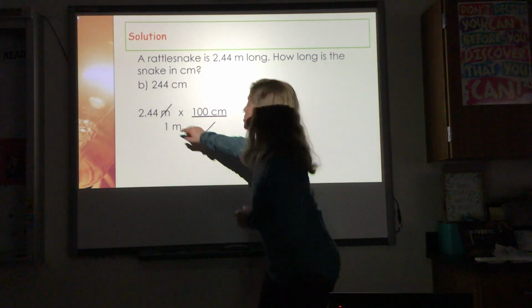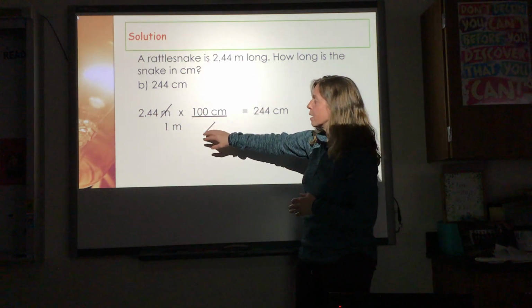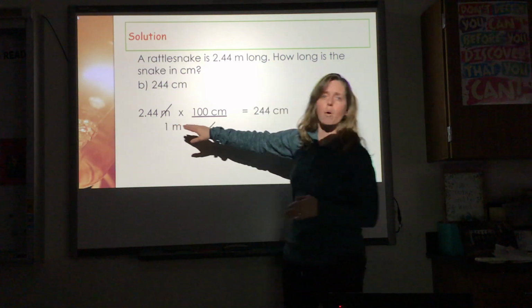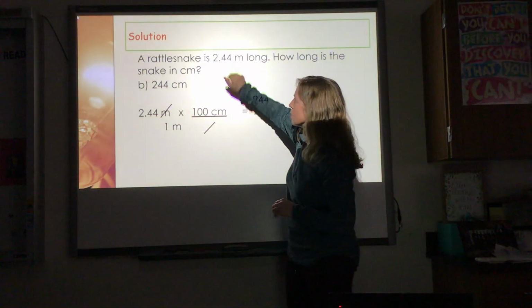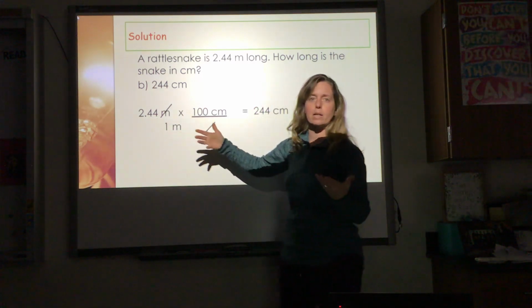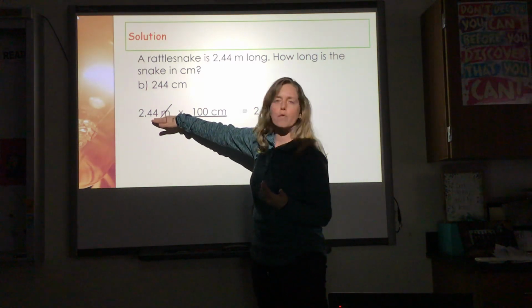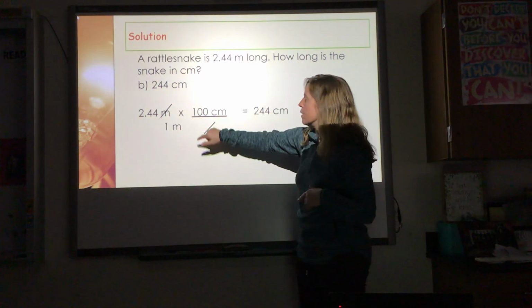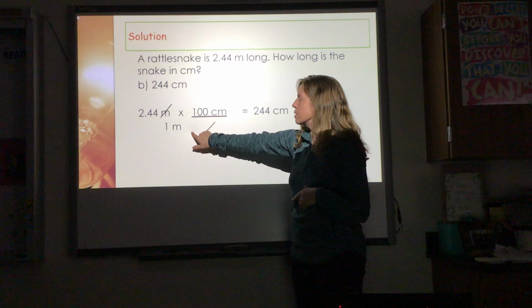So anytime you are setting up a measurement, you always start with the given quantity in the problem. And sometimes you can write it like this, or a lot of people like to write it in ratios, so you could put that over 1. So 2.44 meters over 1. Your ratio here is 100 centimeters over 1 meter.